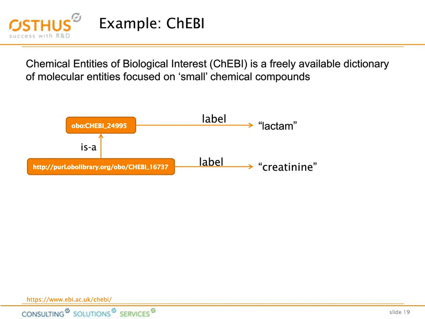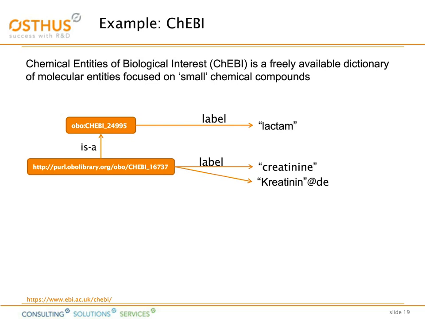And an important thing in semantic web is that you distinguish identifiers, which are represented through URIs. So the purl.obolibrary.org, etc., represents the identification for creatinine, while the lexical information or the label that is for humans is separated from that. And you can attach, or ChEBI attaches, additional information to that entity.